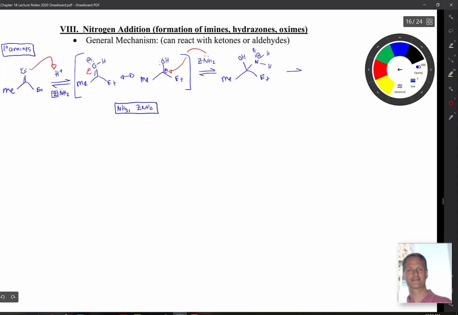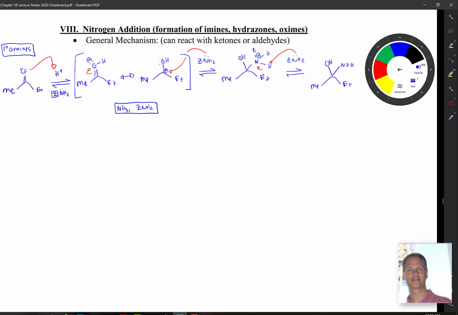So we're going to deprotonate that, probably with the base Z and H2. So grab an H there, and what that will give us is our methyl, our ethyl, our OH, and then our nitrogen ZH. We can write it out like that if we'd like to.